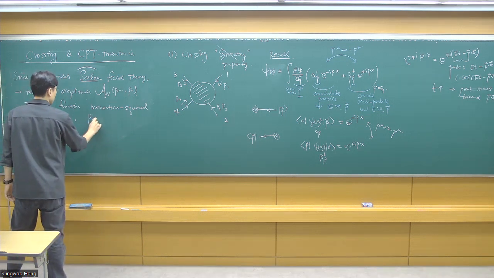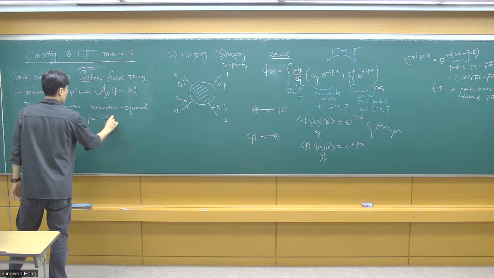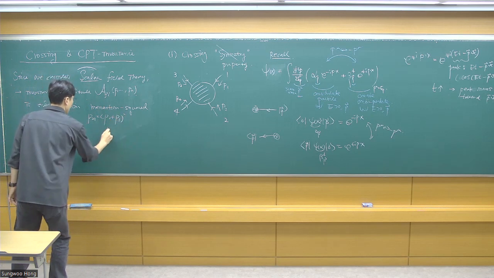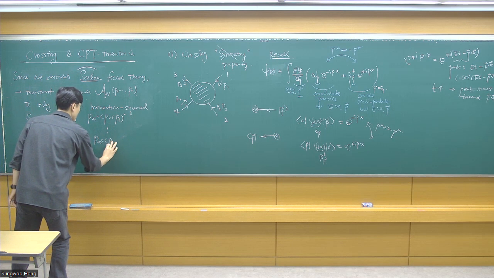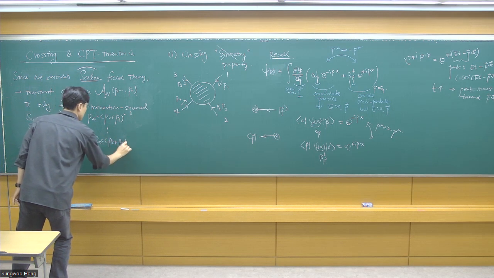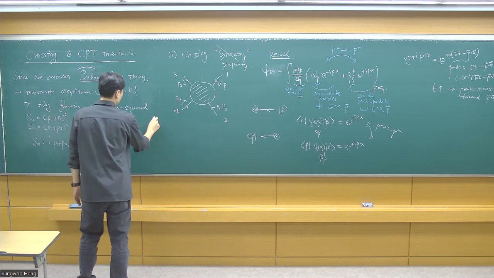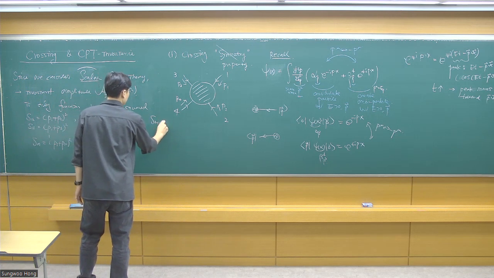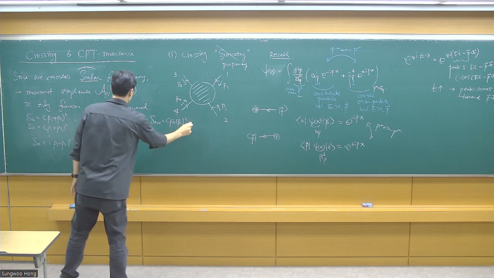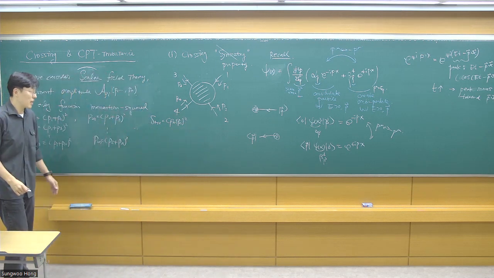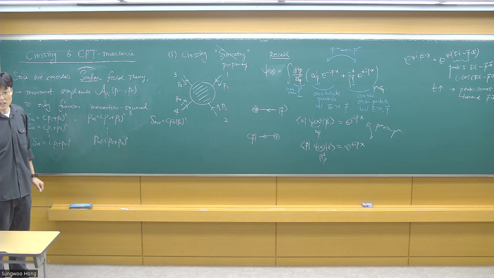So now (p2+p3) squared, all the way up to (p2+pn) squared. Keep going until you hit (p(n-1)+pn) squared. So these are the complete set. Every possible thing you can imagine.